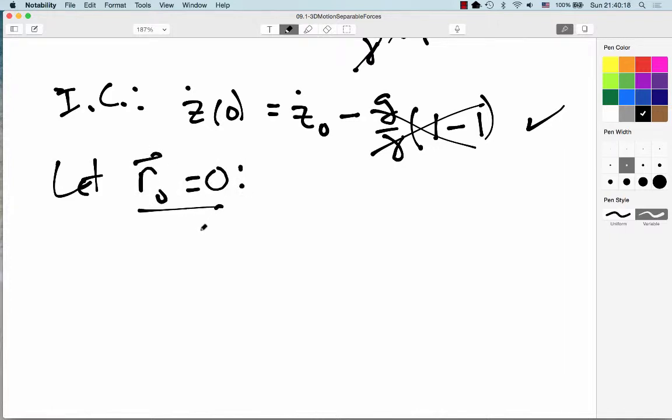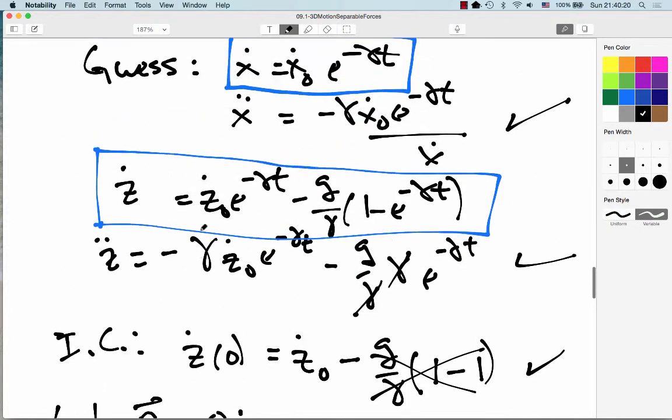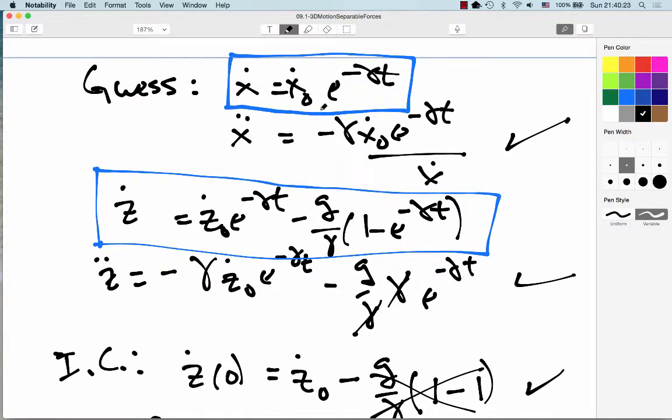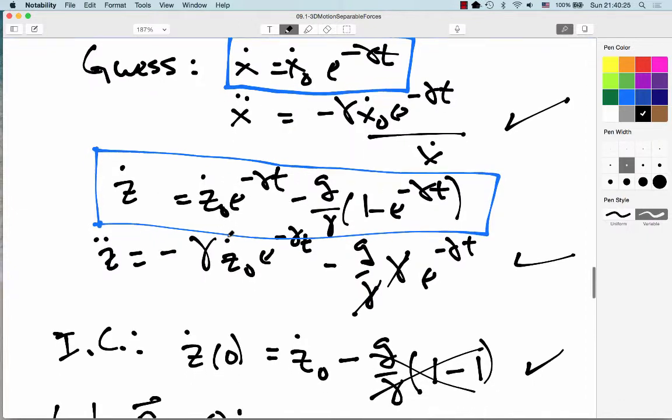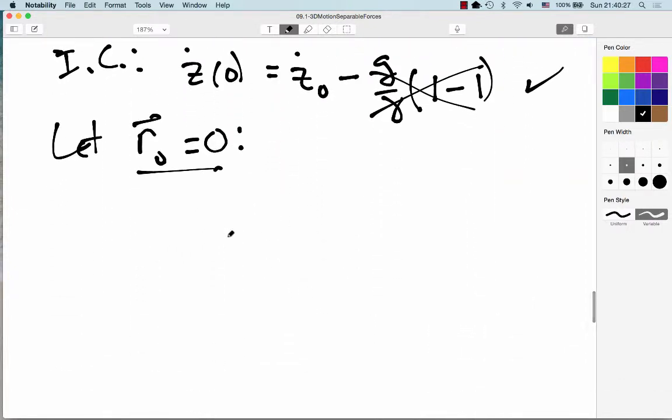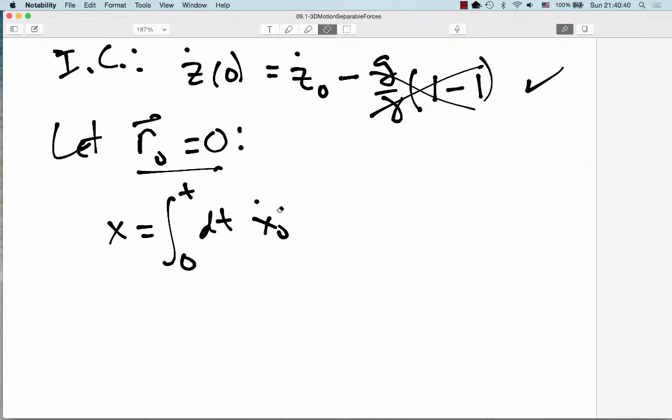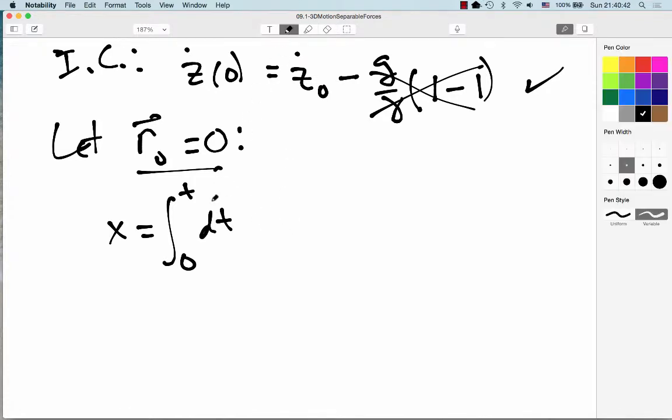No reason not to. So now we're left with integrating our solutions to get x. So x will equal the integral from 0 to t dt of x naught dot, which is a constant, so I could have pulled it out front, times e to the minus gamma t.